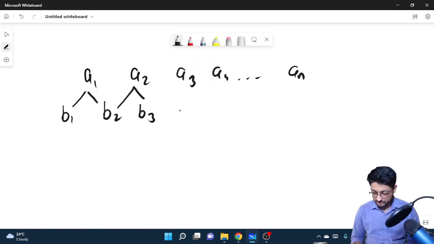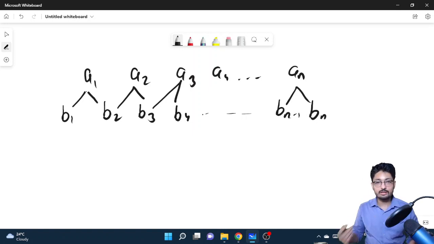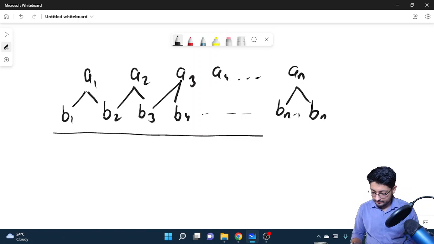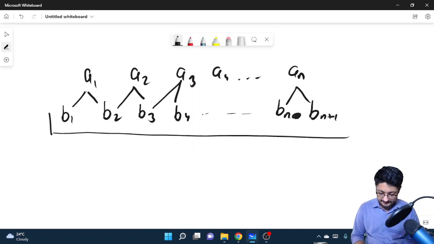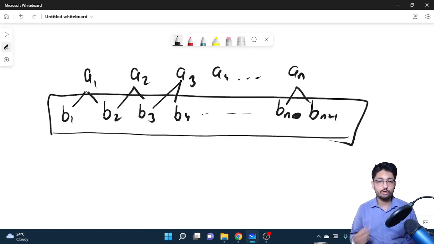The GCD of B3 and B4 is equal to A3, and so on, till the GCD of Bn and Bn plus 1 is equal to An. So that's the overall idea: B has length n plus 1, and I just have to tell whether there exists an array B that follows this property.